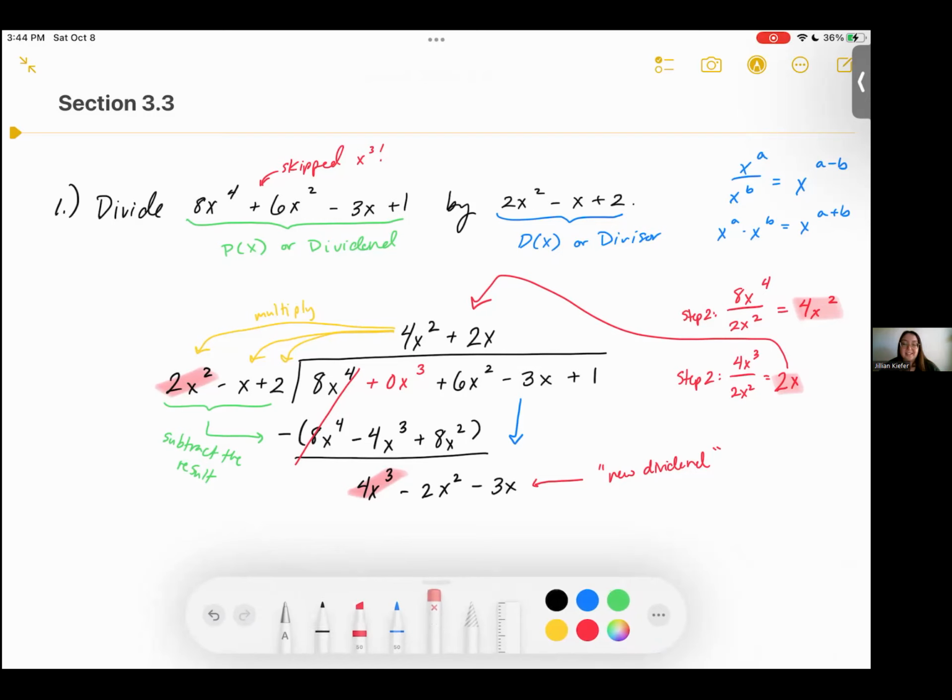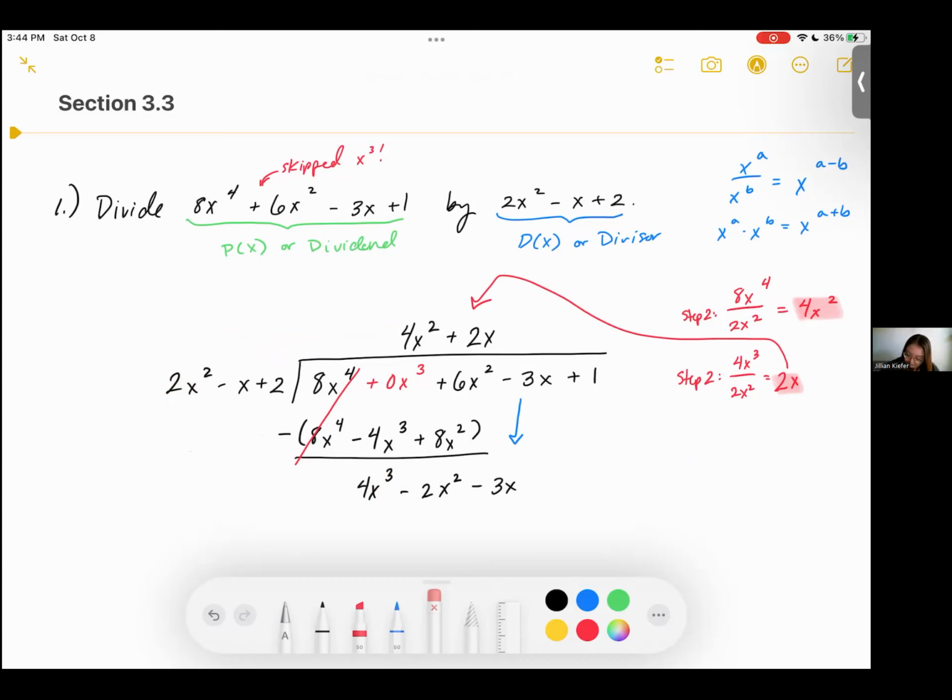Now that you've done that, you're going to multiply that term by every term in the divisor and subtract the result. So let's go ahead, we're going to erase some things because we're going to write it all again. So we're going to erase the new dividend statement here. We're going to erase the highlighting that we have. I'm going to erase this part and this part because we're going to write it all over again.